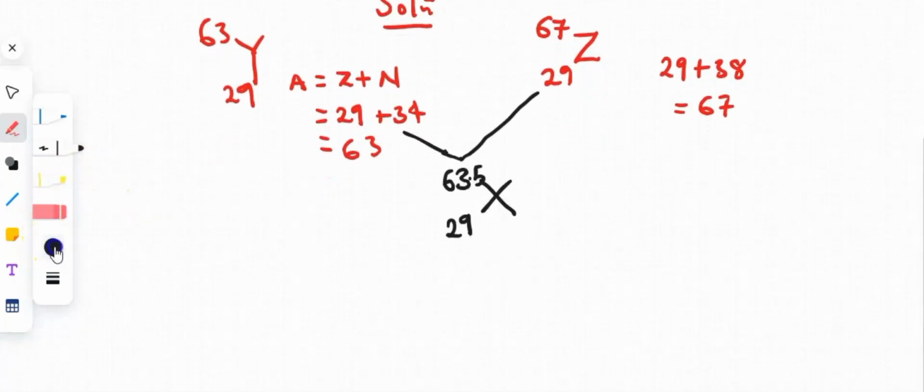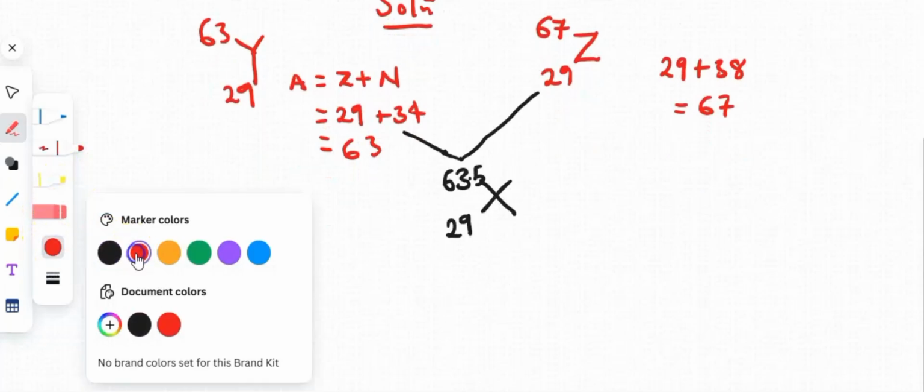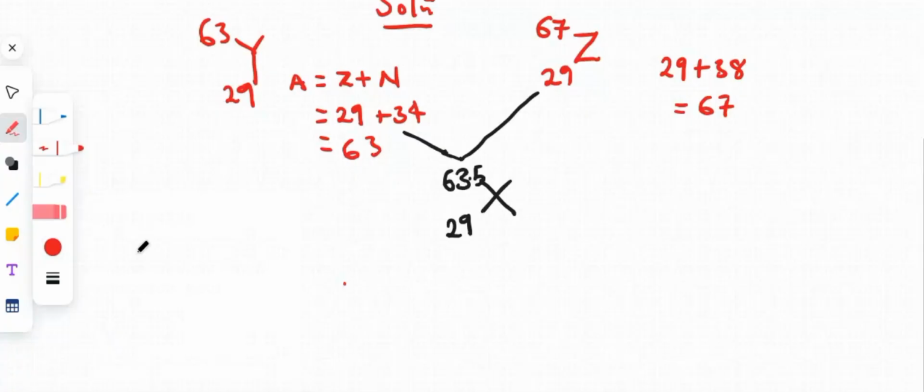So next what we want to do is give the abundance.